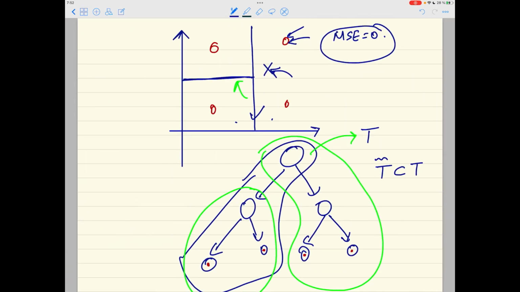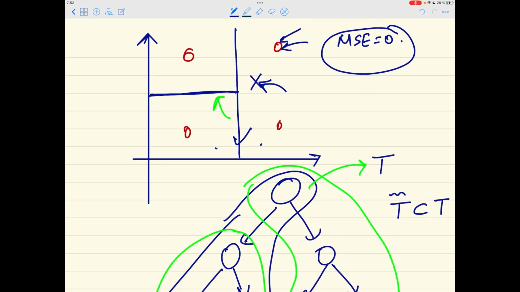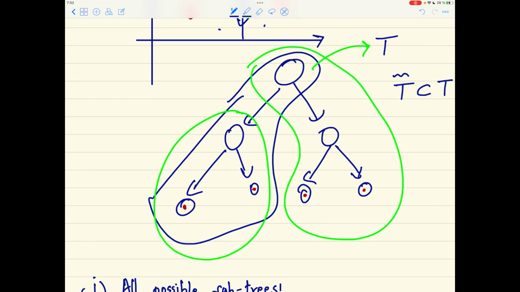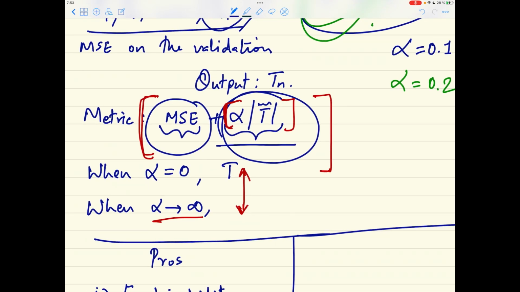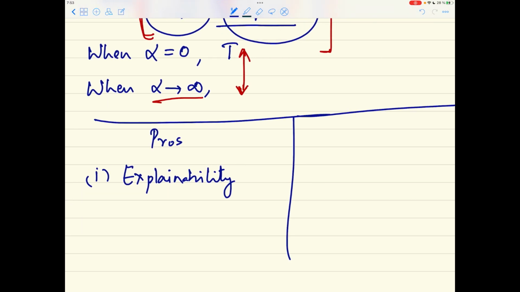You make these splits along the feature space, and using these splits you can draw a tree, and using the diagram you can easily explain why certain decisions are made or why certain outputs are produced by the decision tree. Secondly, people believe that these decision trees mimic human decision making, and this is something we also discussed in the beginning of the video.